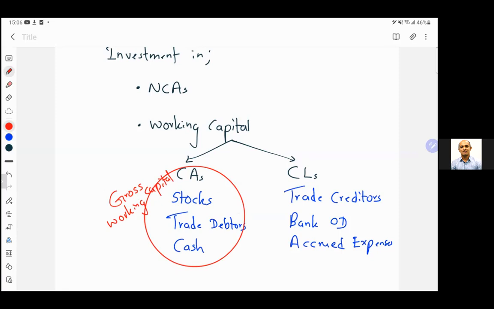This working capital is financed mainly through current liabilities. Current liabilities are for financing working capital.